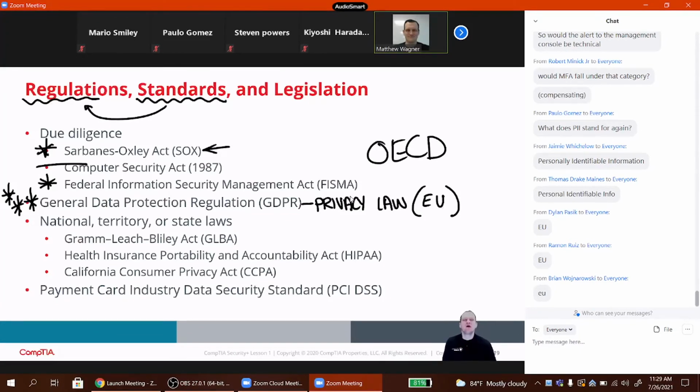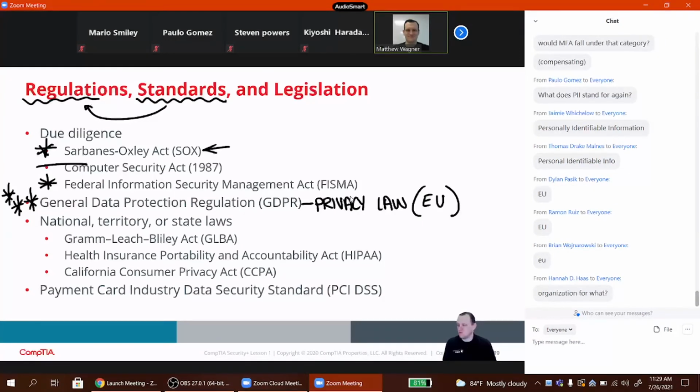So this privacy regulation has conceptually been around for decades. It's not new, but it is more important now than ever. The OECD is not a test topic anywhere, but it's where the GDPR came from.